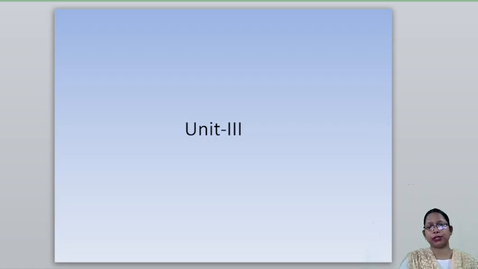Today we are going to discuss Unit 3. Unit 3 is on complex integration.